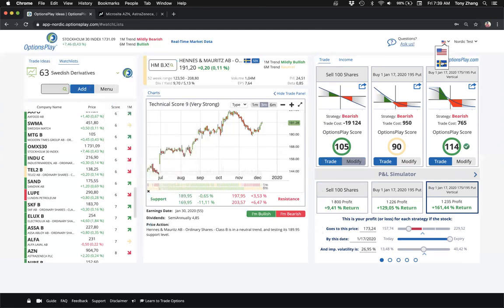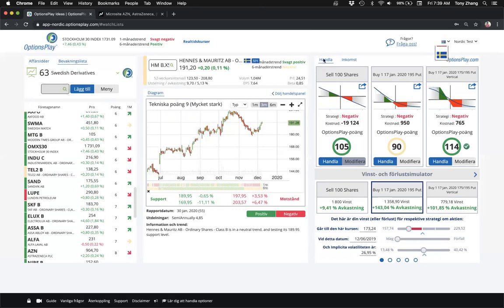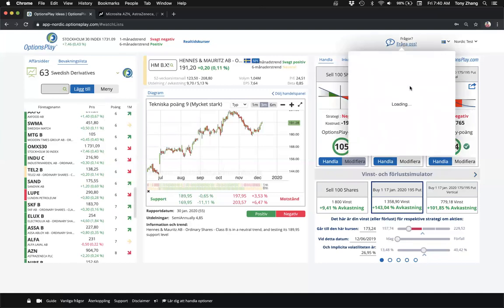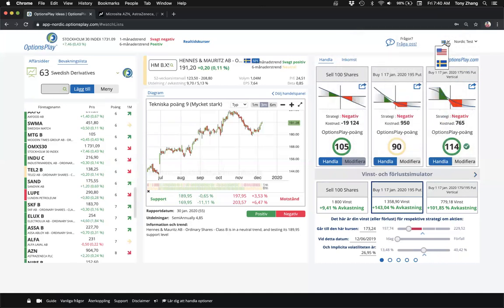Now, for those of you that are more comfortable in Swedish, you can also flip this whole platform into Swedish, and we can provide you with everything that you see on your screen in Swedish. You can easily flip between English and Swedish by clicking on the flag in the upper right-hand corner.